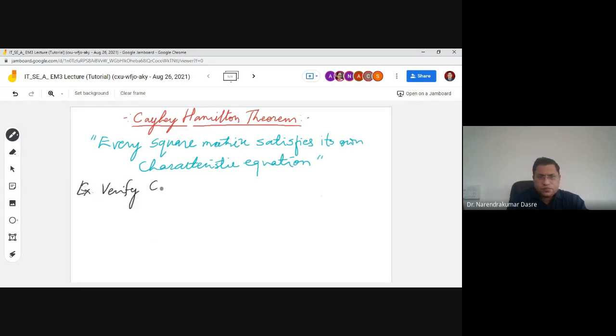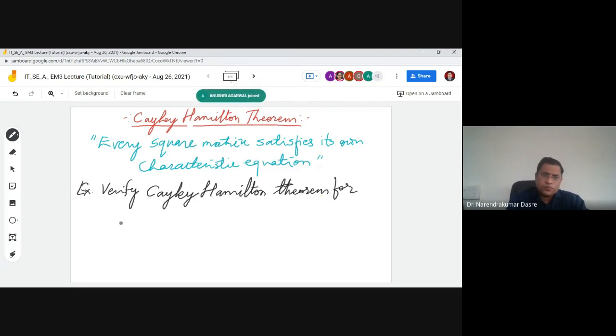Verify the Cayley-Hamilton theorem for A equal to the matrix with rows 3, 1, minus 1; 2, 2, minus 1; and 2, 2, 0.